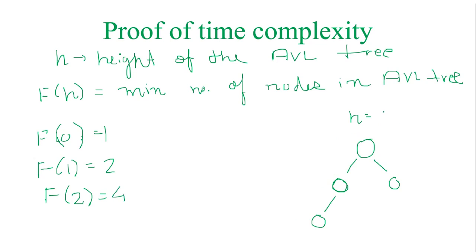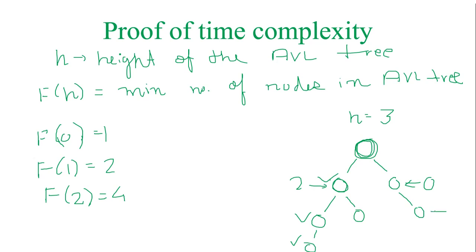Now let's look at when height is equal to 3. I can add one more node here. So this is balanced, but this node becomes unbalanced, so we have to add one node here. Now this node also becomes unbalanced because the height of the left subtree is 0, 1, 2, and the height of the right subtree is only 0, so we'll have to add one node here as well.